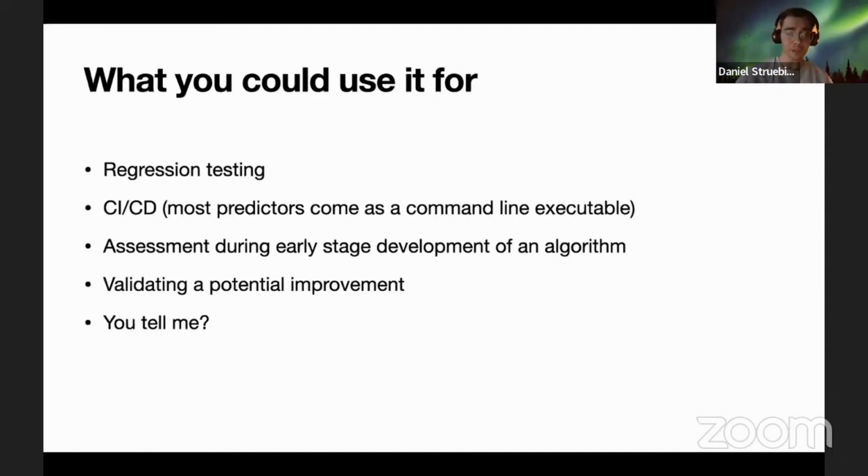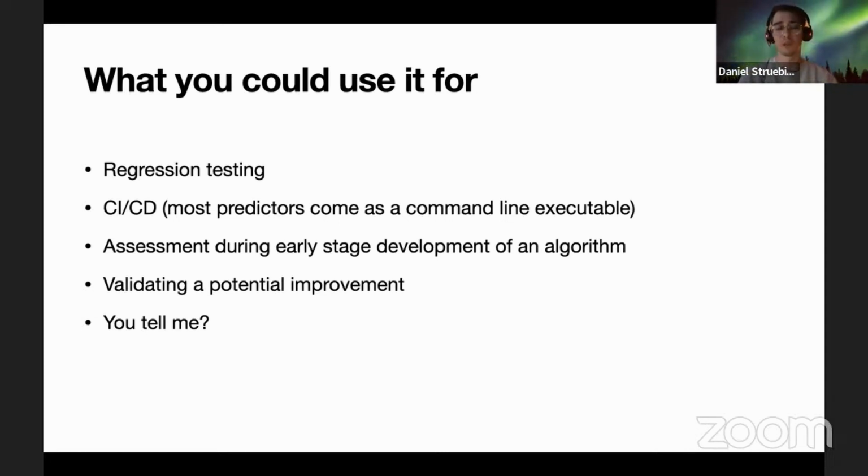So you might be wondering by now what you could use it for, and I've listed a couple of use cases right here. There are things like regression testing, where you have multiple versions of an algorithm, and you want to see how they evolve over time, whether or not there is an actual improvement.